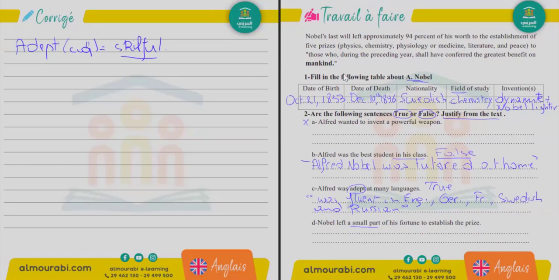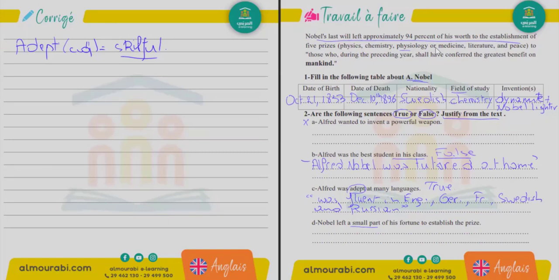Nobel's last will left approximately 94% of his worth to the establishment of five prizes: physics, chemistry, physiology or medicine, literature, and peace.